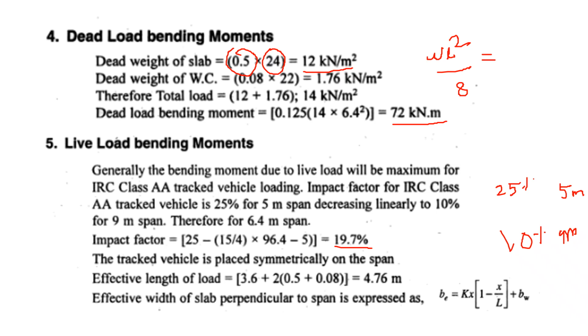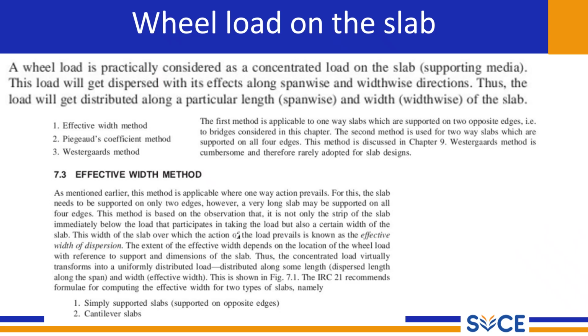So the next step is to calculate the live load bending moment. The live load bending moment is nothing but the effect of the vehicle load which will be coming on the slab. Since it is a Class A vehicle, the loading pattern and the nature of the vehicle coming on the slab has to be examined, and the live load has to be calculated. Coming to the next one is the wheel load on the slab.